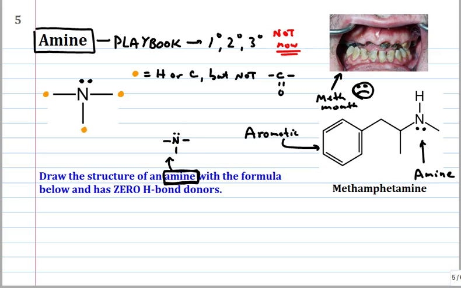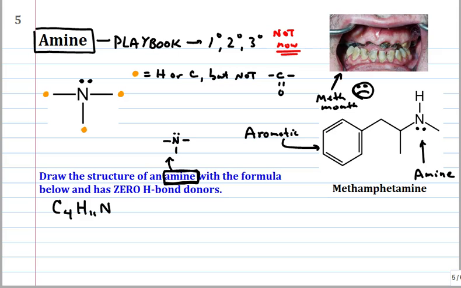With the formula below, and I haven't given you the formula, but I will, C4H11N. Okay, you got the formula. That's your second piece of information, or clue. And has 0 H bond donors. Okay, there's 3 things you have to do. Draw an amine, it has to meet this formula, and you can't have any hydrogen bond donors.